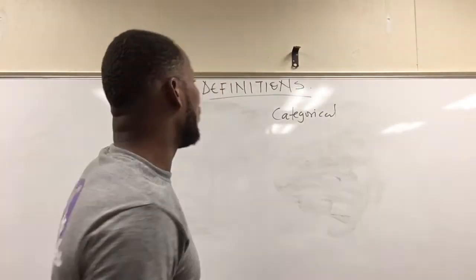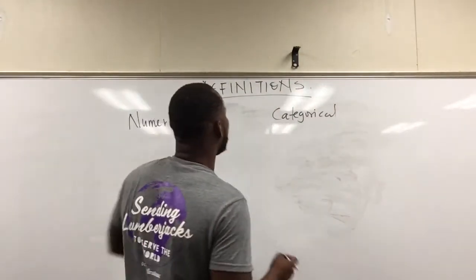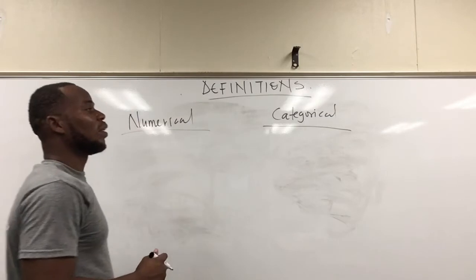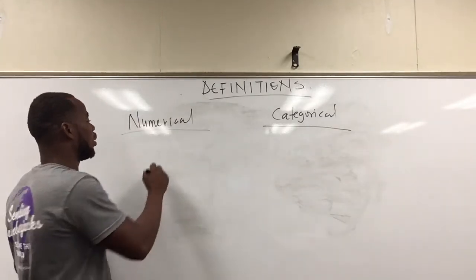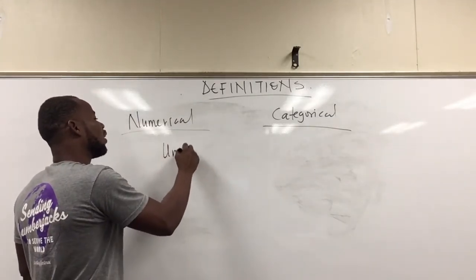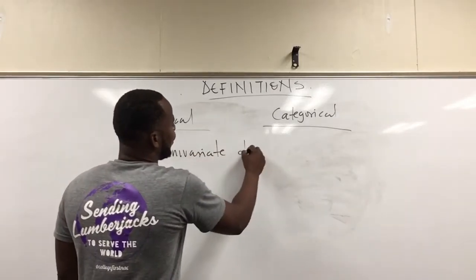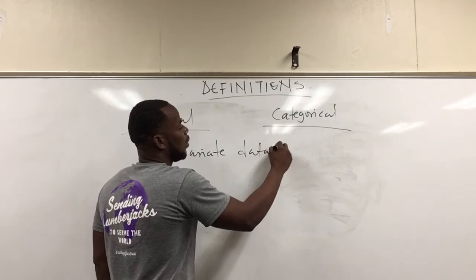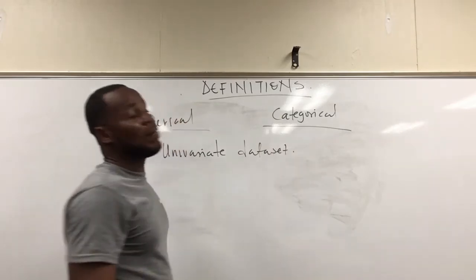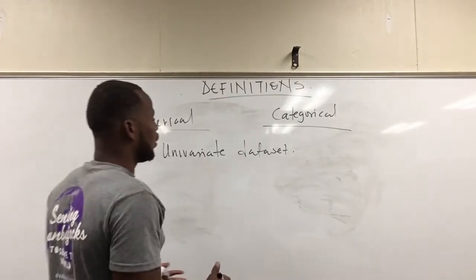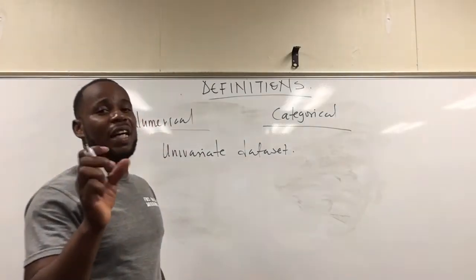But before we define all of this numerical data set and categorical data set, there is something else I want us to look at, which is univariate data sets. What I mean by univariate data sets is that they are data sets that have a single characteristic.